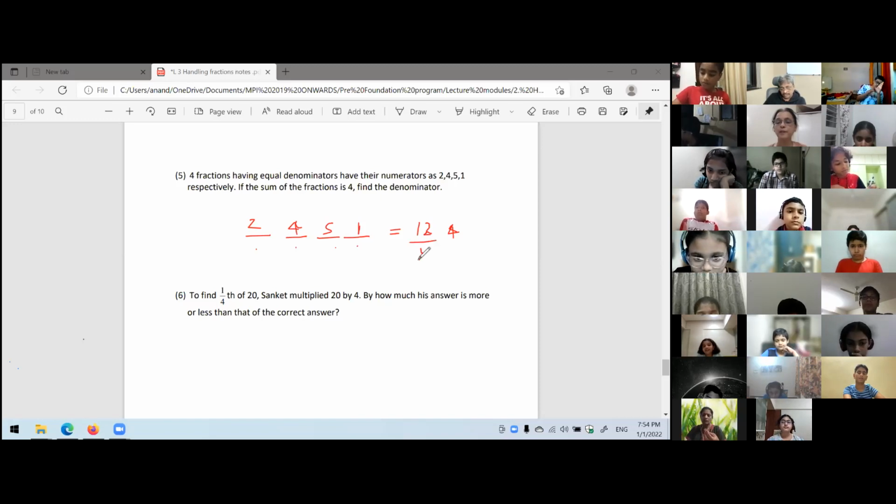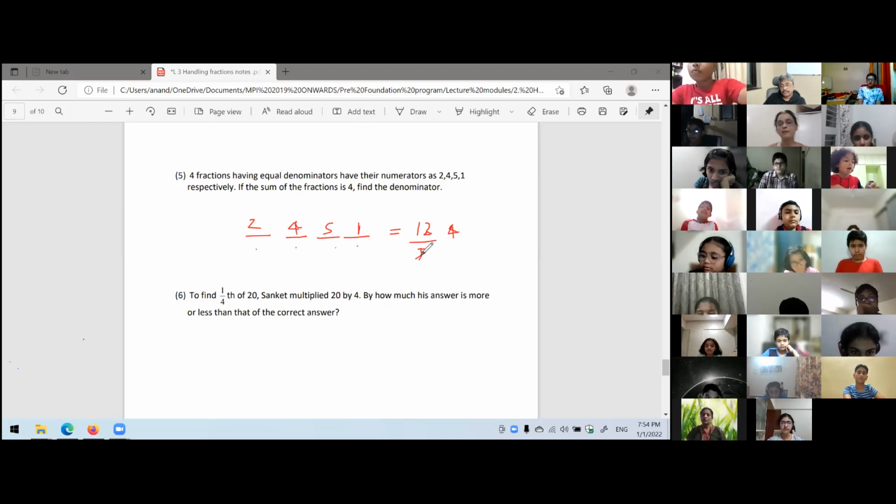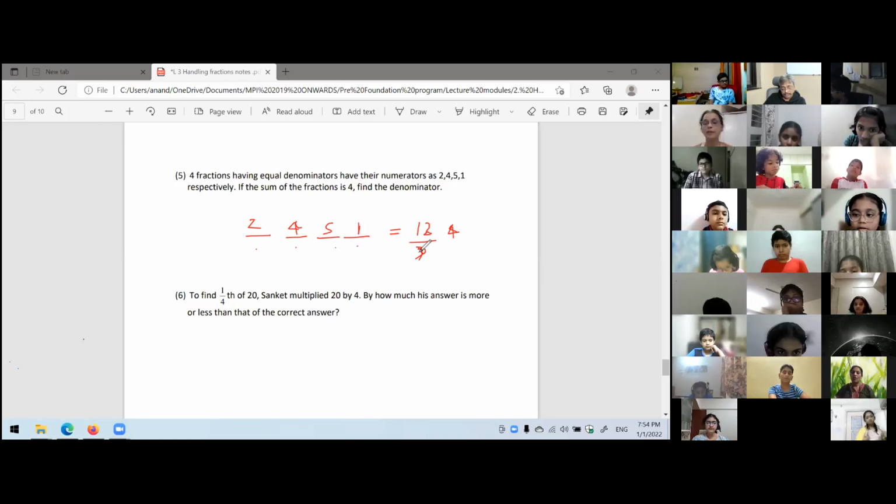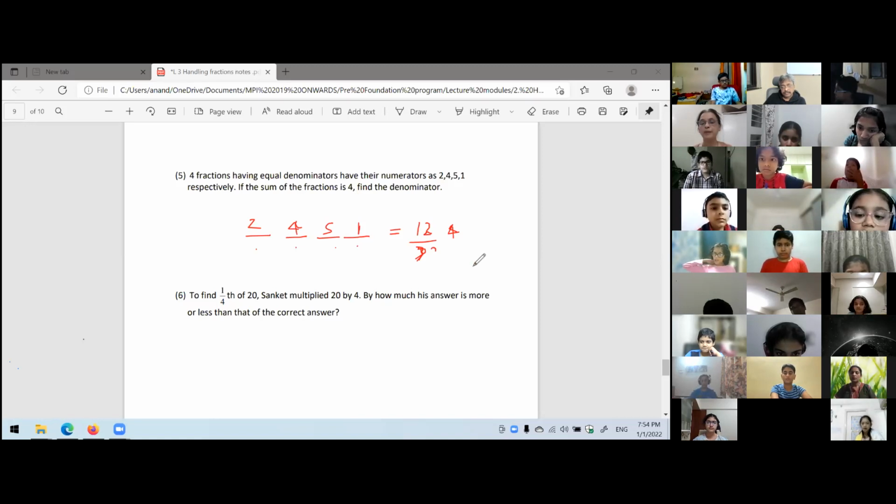Only when the denominator is 3, if the numerator sum is 12, answer will come 4. So this is a very common sense question, that if my answer has to be 4 and the sum of numerators is 12, the denominator has to be 3. Answer will be 3. Next question.